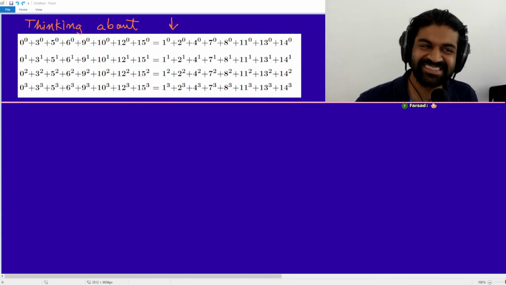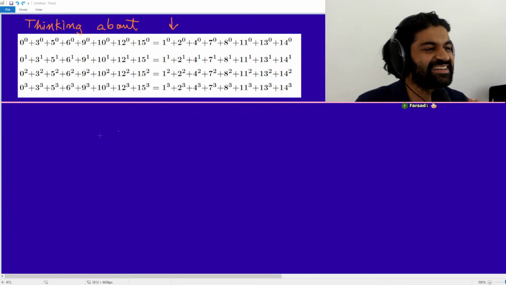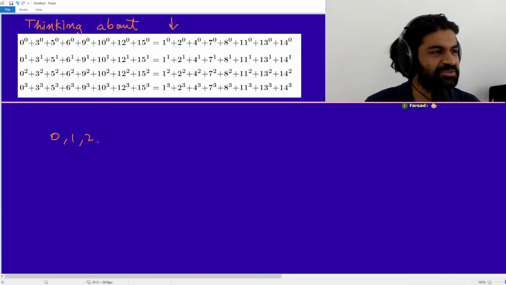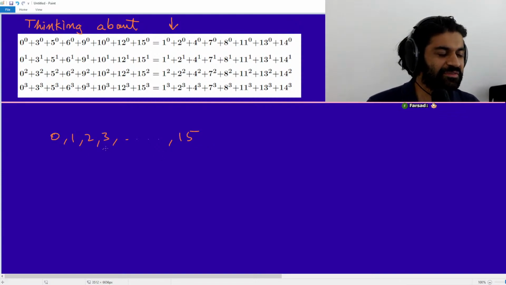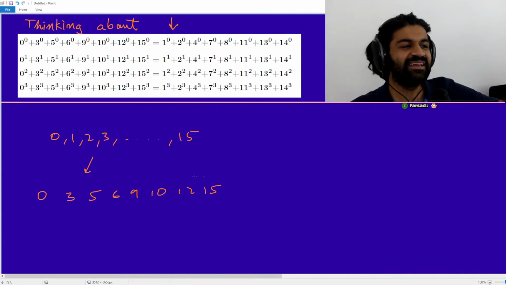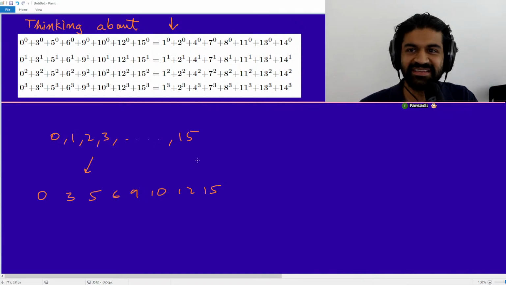Okay, anyways. So the idea is that you have the numbers 0 through 15, right? So you have 0, 1, 2, 3, all the way through 15. And then you're dividing these numbers into two groups. When you divided them, it turns out that 0, 3, 5, 6, 9, 10, 12, and 15 ended up on one side, and the remaining numbers ended up on the other side.